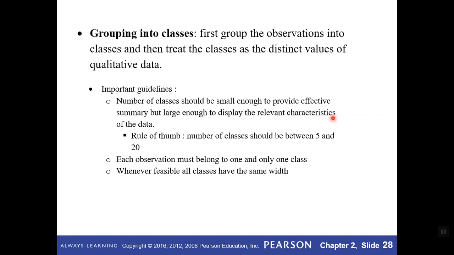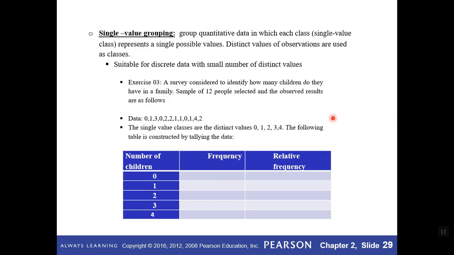If you have few classes, try to keep the width of the classes the same or equal. Width means size. The size of the classes should be equal, almost always. You will see later how we deal with these important guidelines.